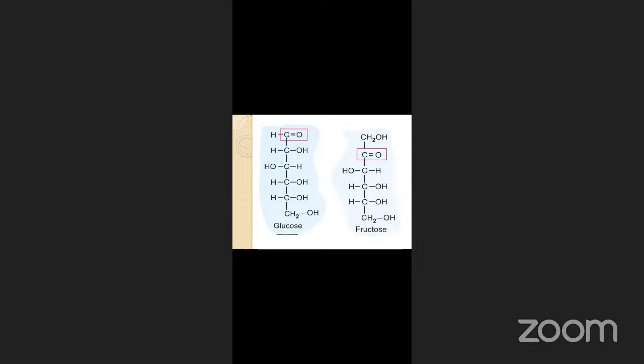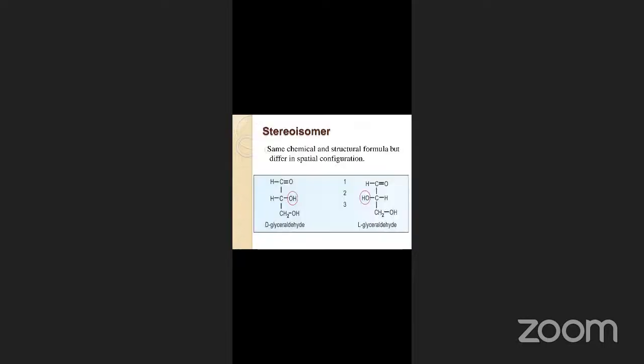Okay. So the glucose and fructose. Then stereoisomers. I told you about D and L. So D-glyceraldehyde and L-glyceraldehyde. Here the formula is the same but the structure is different.